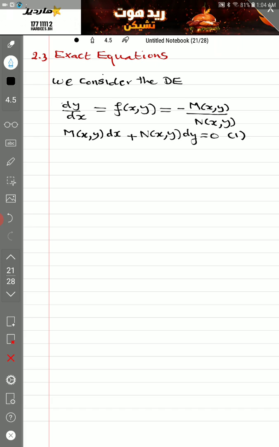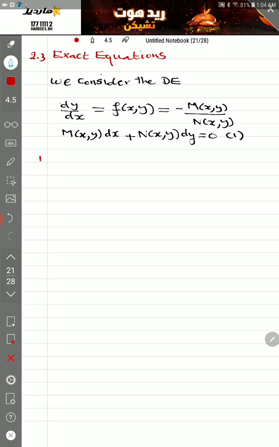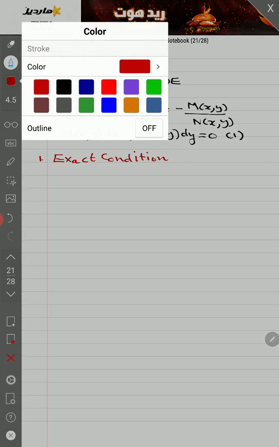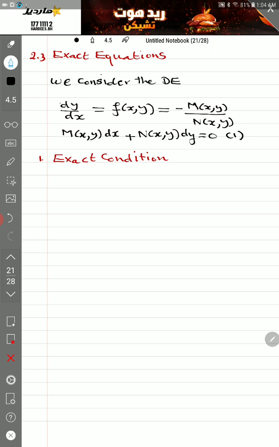Let's now define what's meant by exact. I will use a red color to put this exact condition. Then we'll return back to black.